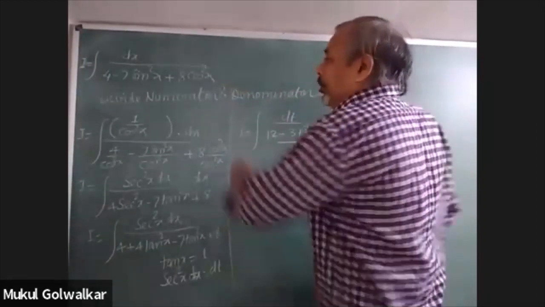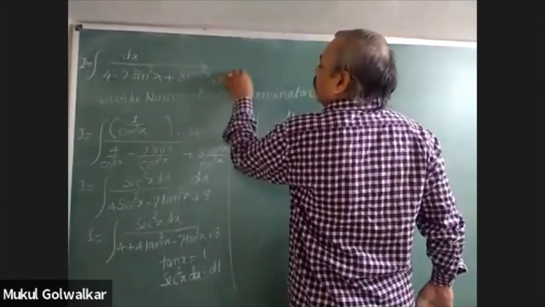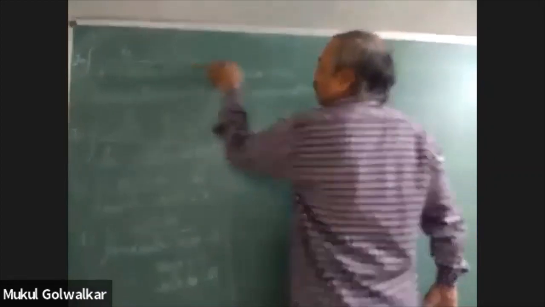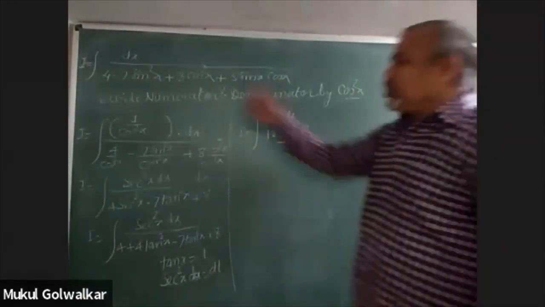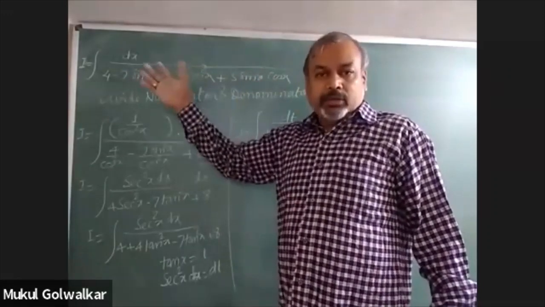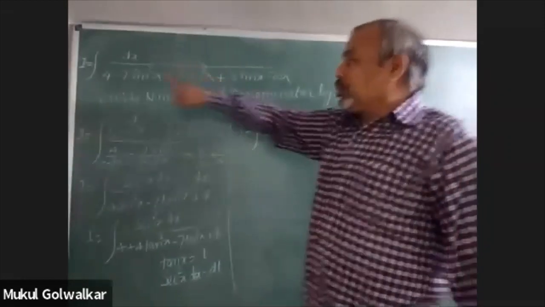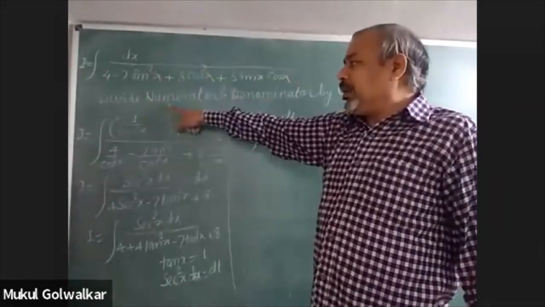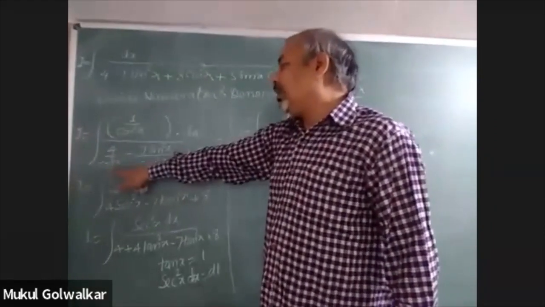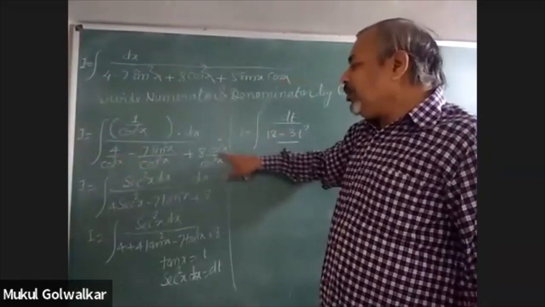So what I am doing, let me write one term like 5 sin x into cos x also in the main question. So this will be a question of this variety which has got the maximum number of terms involved. Now you see what happens here. Again the procedure remains the same, dividing numerator and denominator by cos square x. One more term will be added to this.